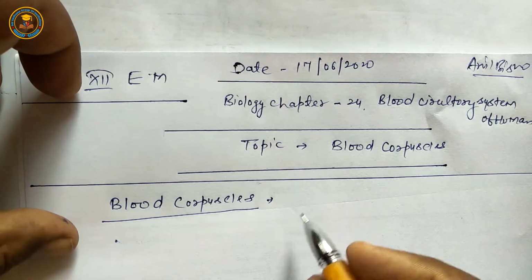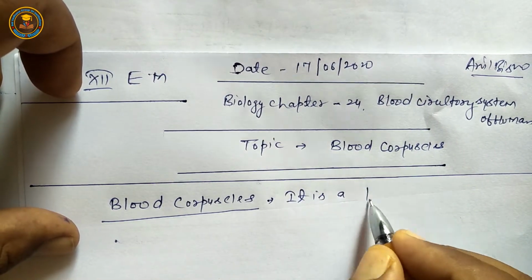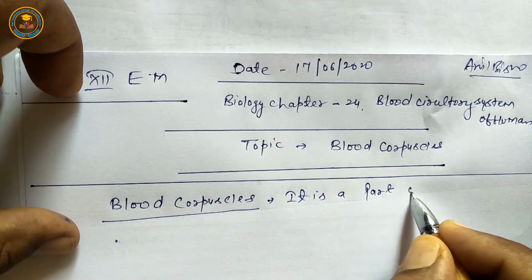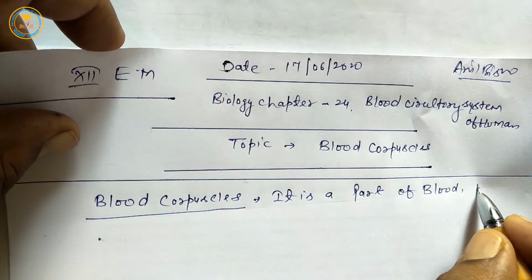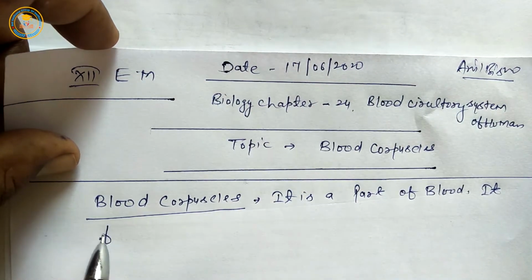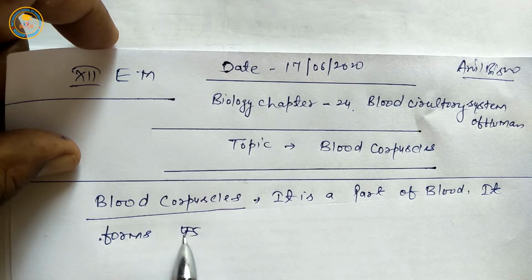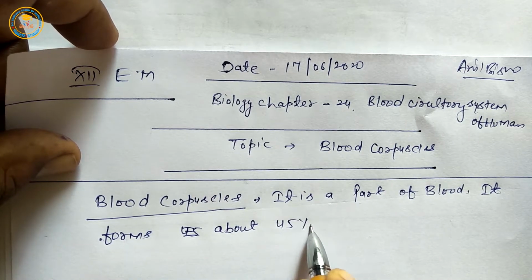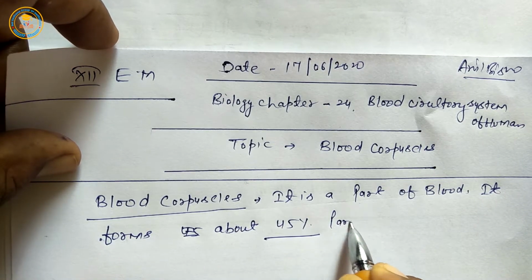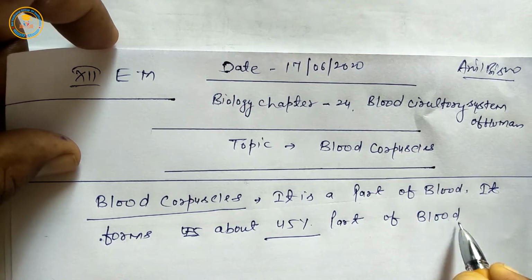So blood corpuscles is a part of blood. It forms about 45% part of blood.